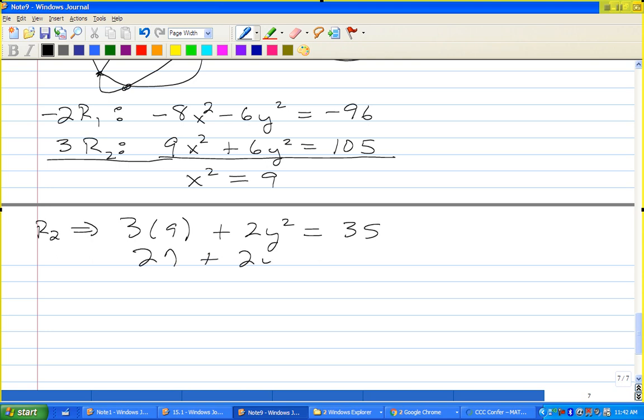Subtract 27 from both sides of my equation. So I get that 2y squared is equal to 8. Divide by 2. So y squared is equal to 4.